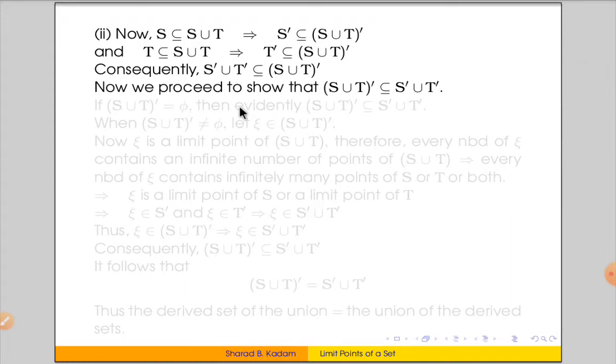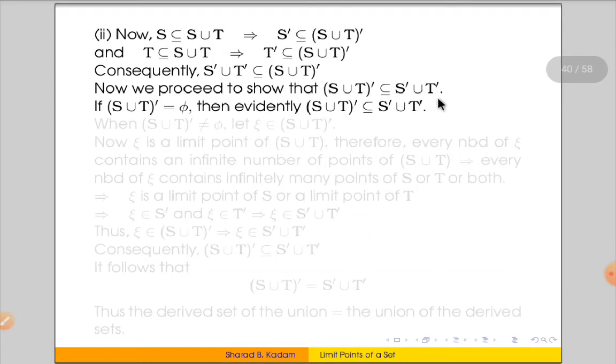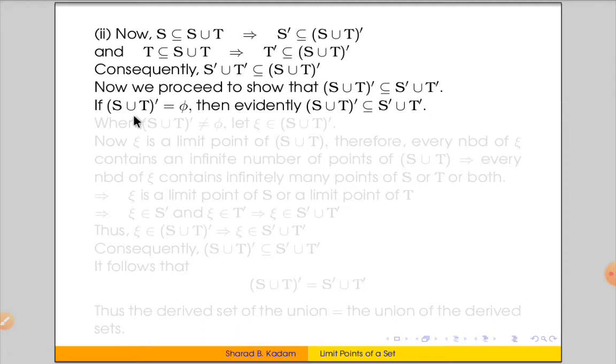Now we need to show that derived set of S union T is subset of derived set of S union derived set of T. So if derived set of S union T is empty, then clearly we have derived set of S union T is subset of derived set of S union derived set of T. If derived set of S union T is non-empty, then it will consist of at least one element.